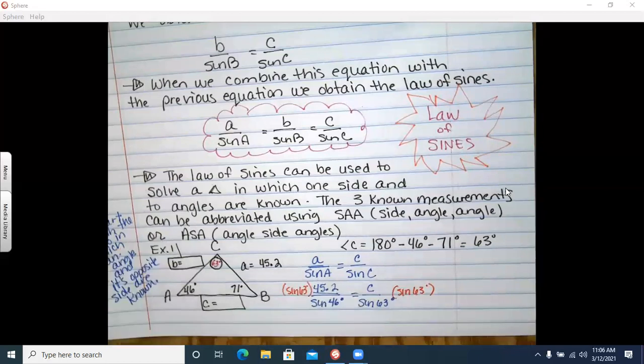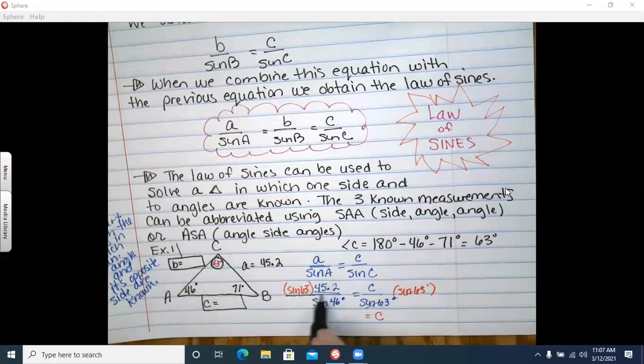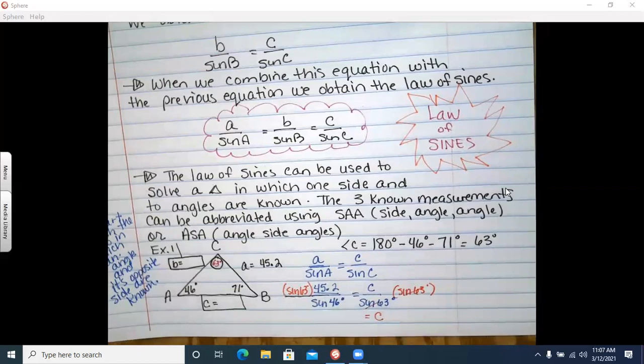So on the right side, the sine of 63 degrees cancels, and I'm left with c. On the left side, I have the sine of 63 degrees times 45.2 divided by the sine of 46 degrees. We're going to have to put that in our calculator.